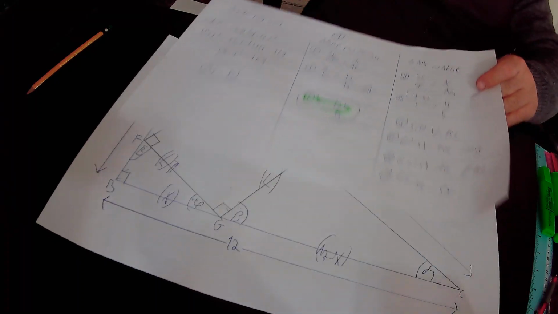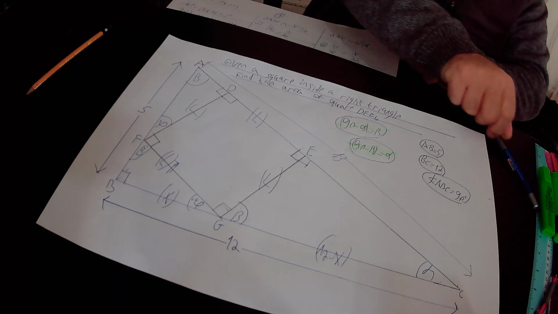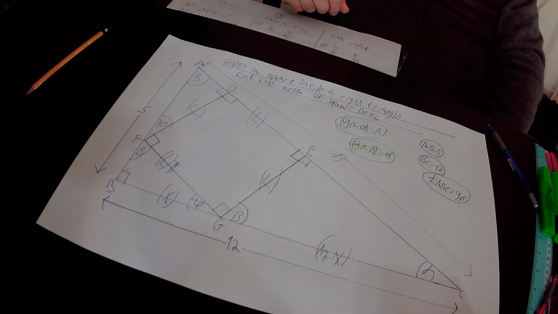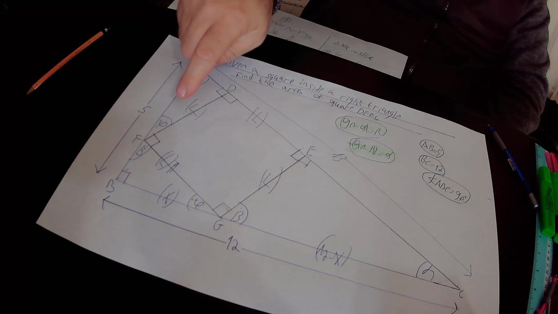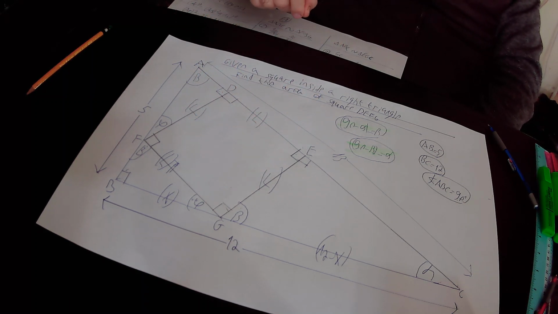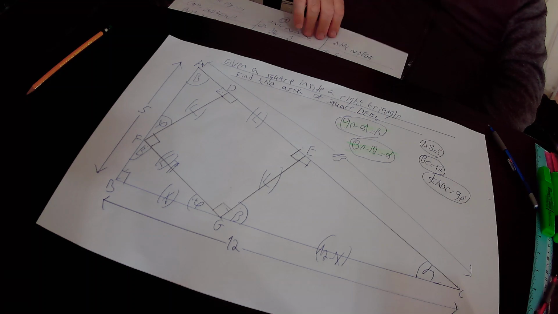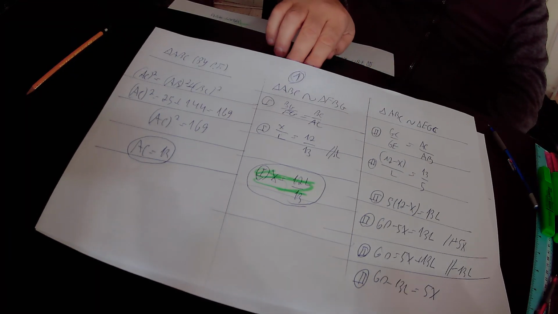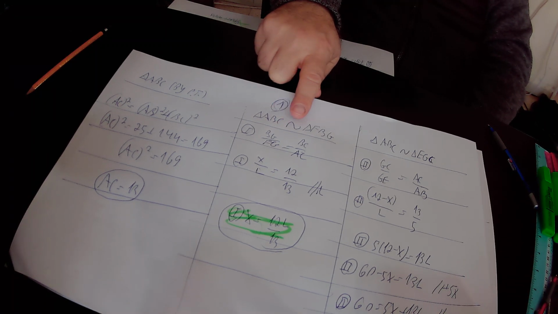Okay, and from the fact that those 2 right triangles are similar to each other, we will derive the following relationship between their sides: BG over FG in the right triangle FBG equals BC over AC in the right triangle ABC.